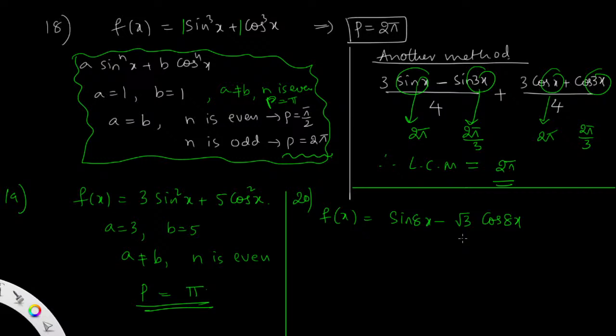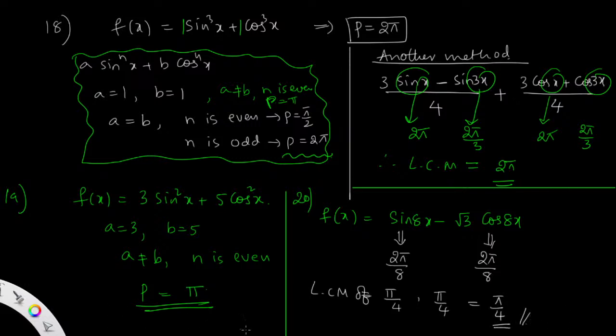Cos value is also 2 pi by mod a. Then substitute: for sin 8x the value goes to 2 pi by 8, and for cos 8x it is also 2 pi by 8, which is equal to pi by 4 and pi by 4. So both the functions are there. Then take the LCM of pi by 4 comma pi by 4, which is obviously common, so take only one value, that is pi by 4. That's all. This is the answer.